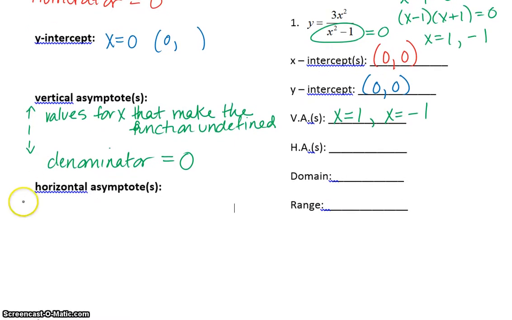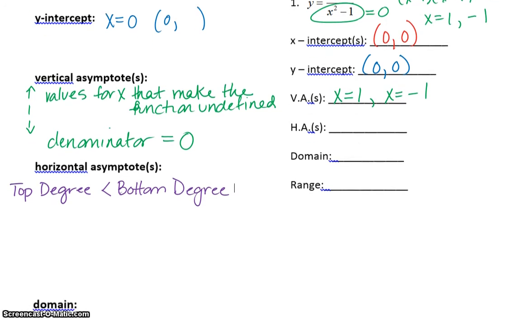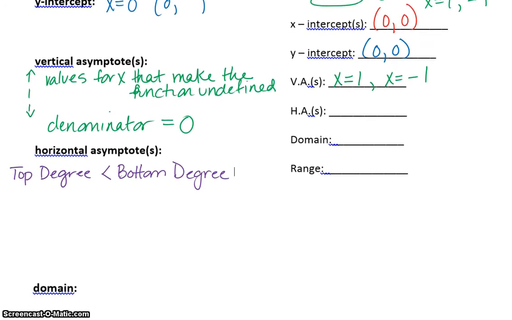So what we're going to do here is say that if the top degree is less than the bottom degree, and what does degree mean? Degree means biggest exponent. So if the top degree is smaller than the bottom degree, then our horizontal asymptote is y equals 0.